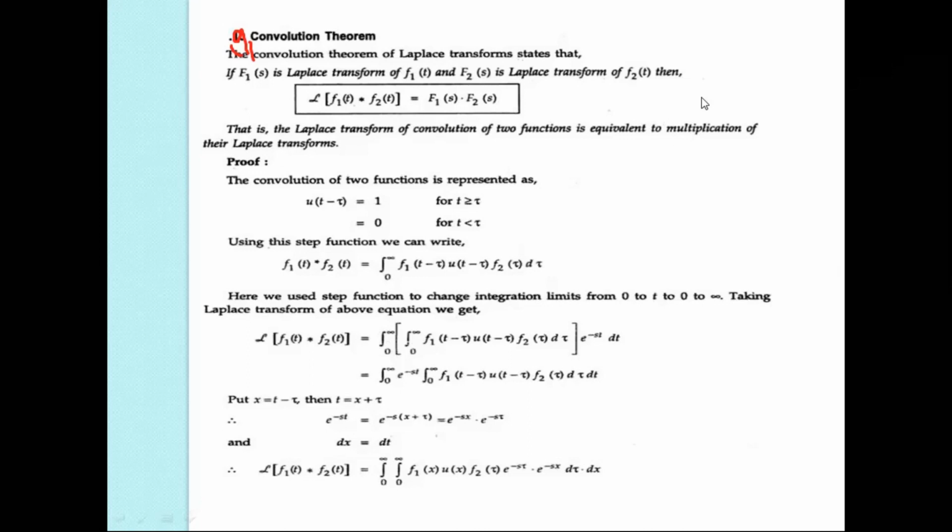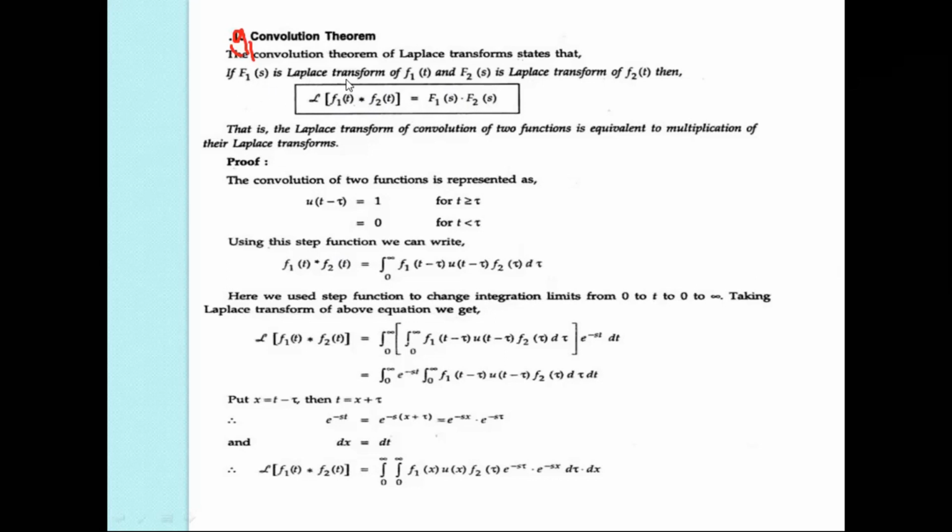We already know it from the Fourier transformation also. If the time domain is a convolution, the frequency domain is a multiplication. In the Fourier transformation, the Fourier series also. Here also we can take two signals, f1 of t and f2 of t, convolve both signals, then apply the Laplace transformation. In the frequency domain it is a product.